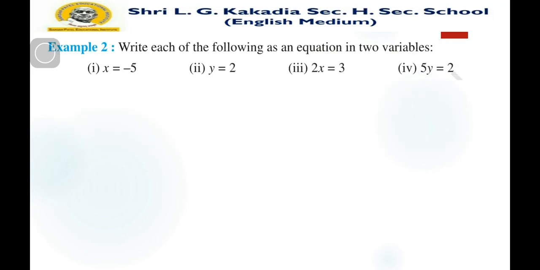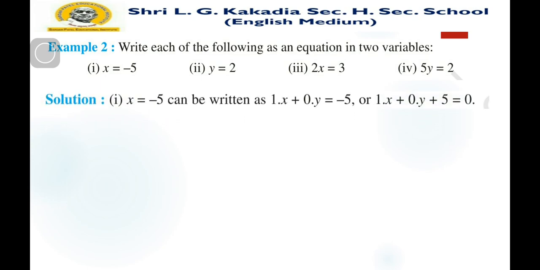Let's move on. Example number 2: write each of the following as an equation in two variables. We just want to write them as equations in two variables. As we have understood here, solution first: x is equal to minus 5 can be written as 1 into x plus 0 into y is equal to minus 5, or 1 into x plus 0 into y plus 5 is equal to 0.